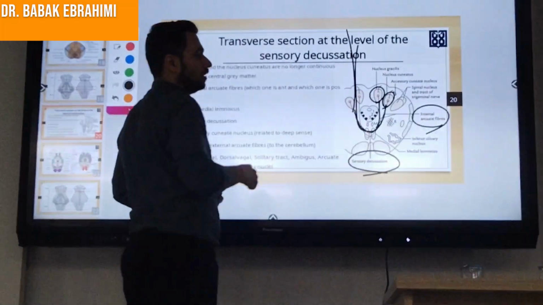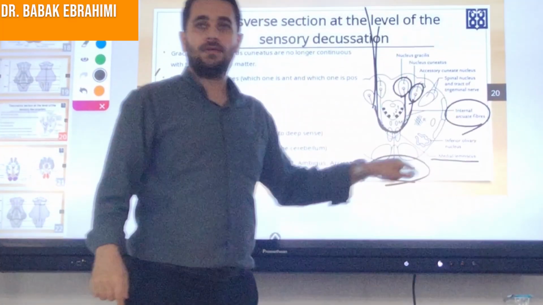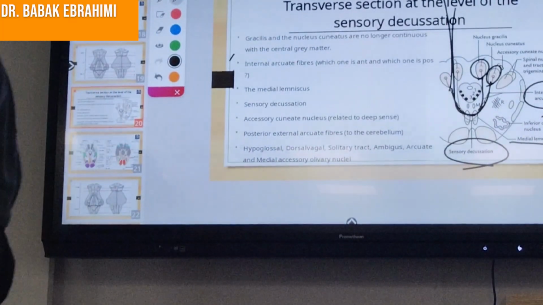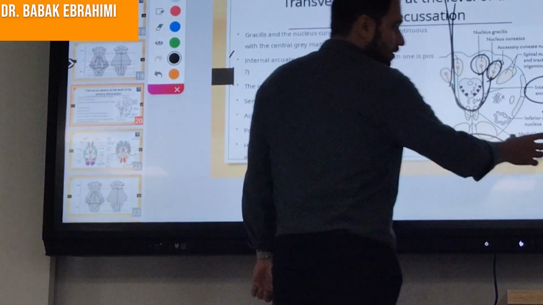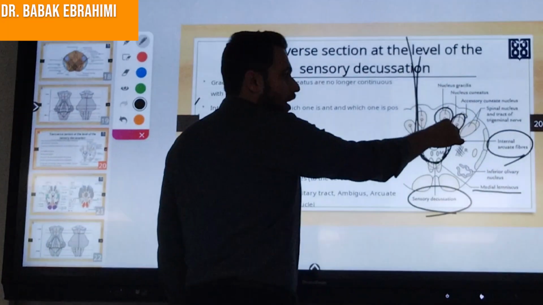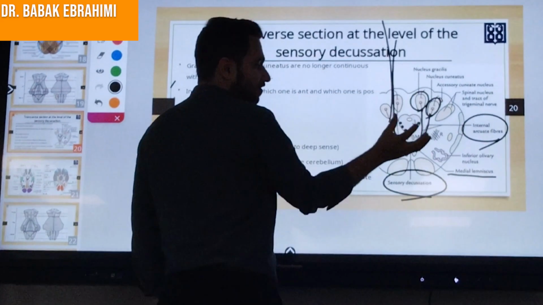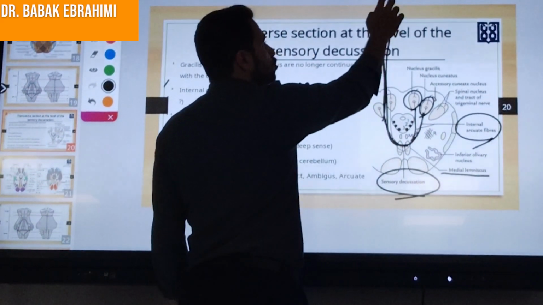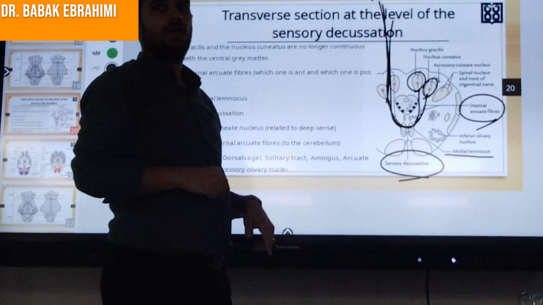Then it goes upward. Do you remember I told you about the lemniscus? I told you, for example, two tracts coming together. Here we have the medial lemniscus. The medial lemniscus is the gracilis tract and cuneatus tract coming together, making internal arcuate fibers. After this level, by the name of medial lemniscus, it goes to the thalamus, and after the thalamus it goes to the cerebral cortex.